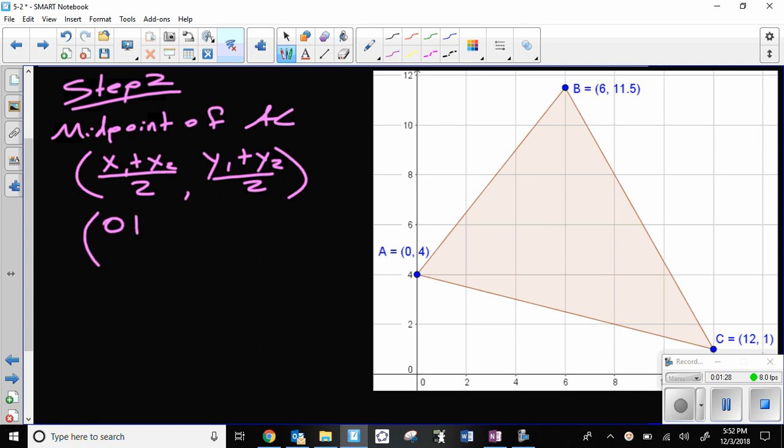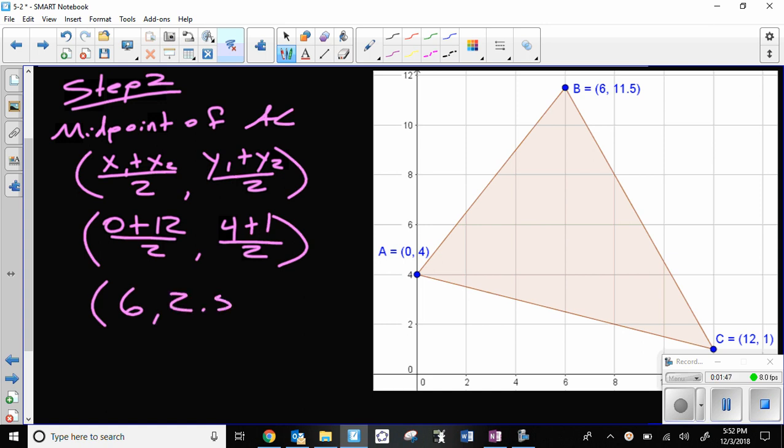Let's go 0 plus 12 divided by 2, and then 4 plus 1 divided by 2. This will get me a midpoint of 6, comma, oh boy, 2.5. I'll allow us to use a decimal this time.